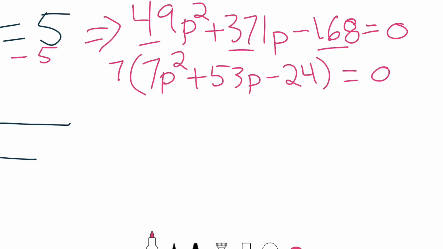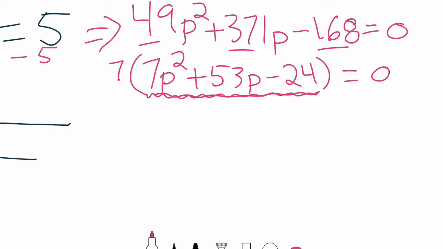Is there anything else that we can take out, or did we have our greatest common factor too small? Did we have a bigger greatest common factor that we could have chosen? No.